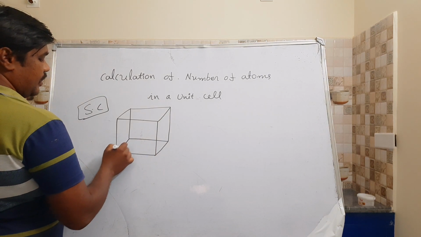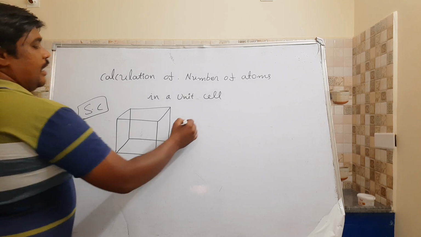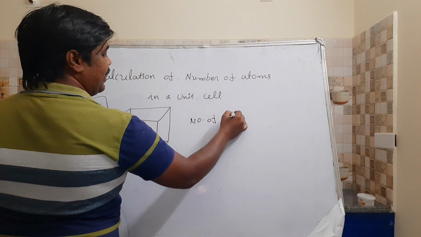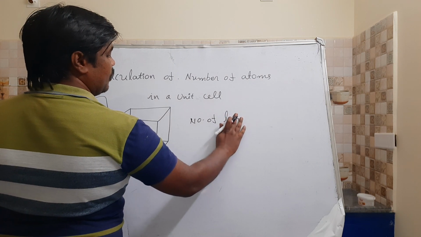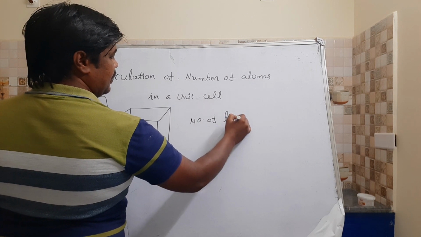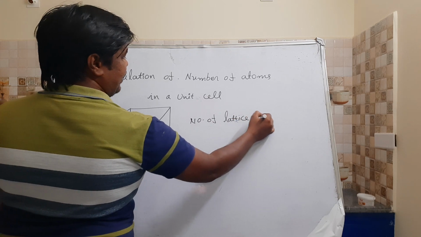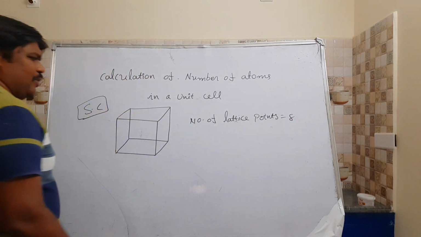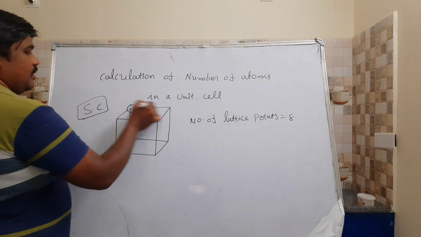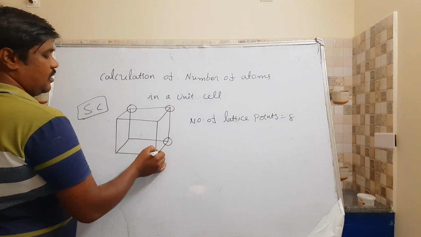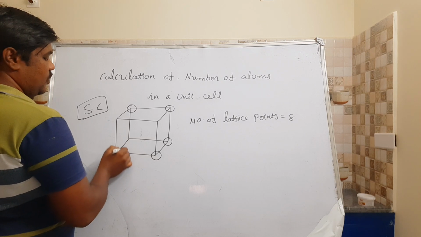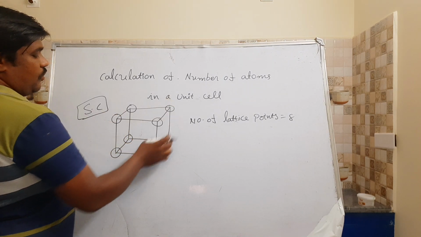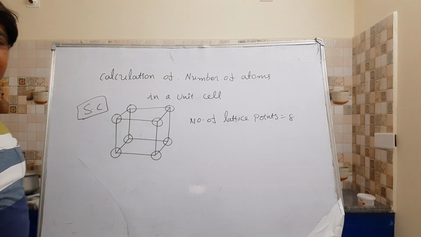Here the number of lattice points is 8. This one, this one, this one, this one, this one, this one, this one, and this one. 4 plus 4, the number of lattice points is 8.